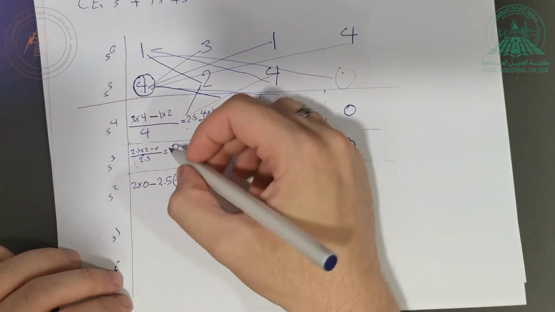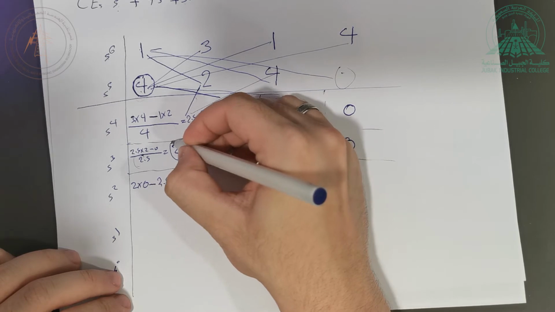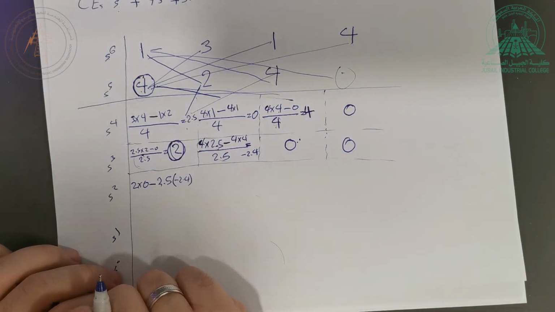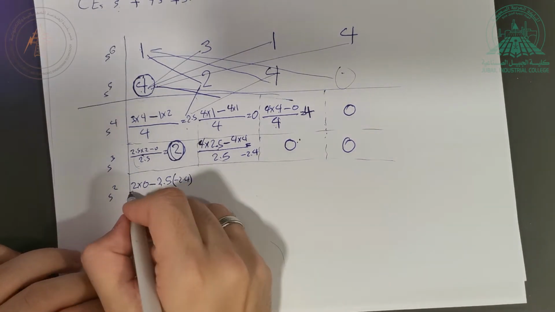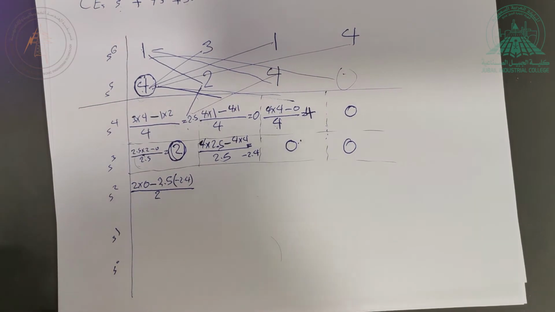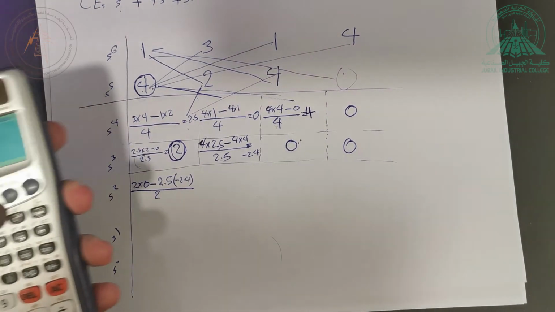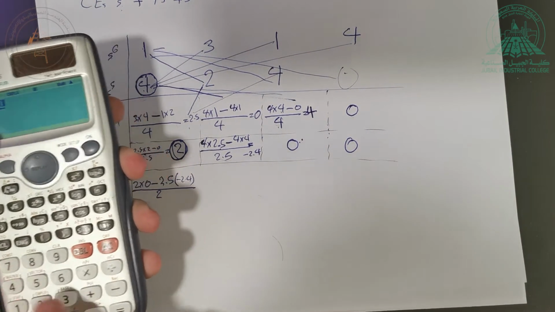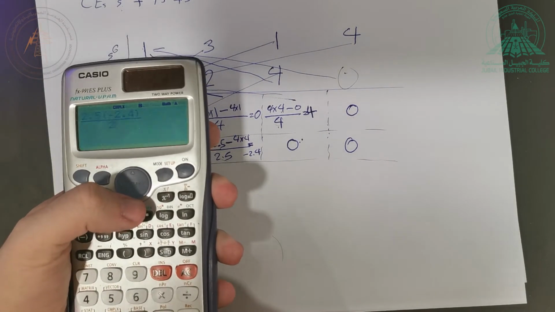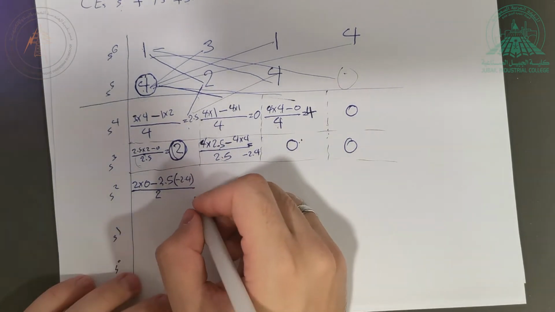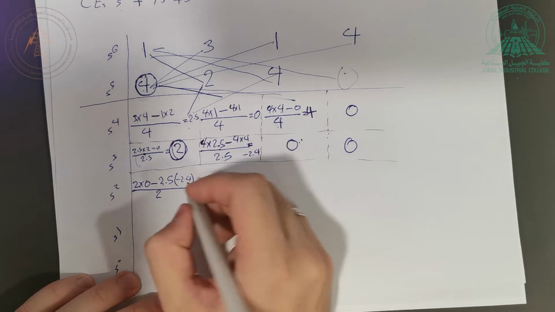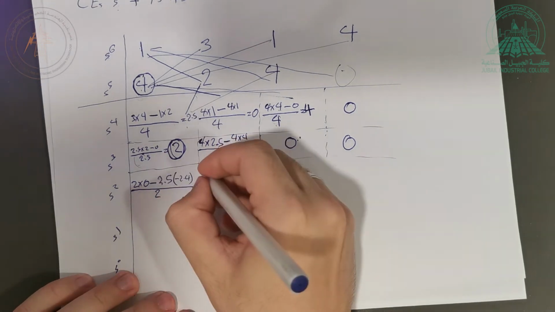I'm going to divide by the first element in the row above, which is 2 here. So let's do this with the calculator: 2.5 multiplied by minus 2.4 divided by 2. This gives us minus 3. So here I have minus 3.